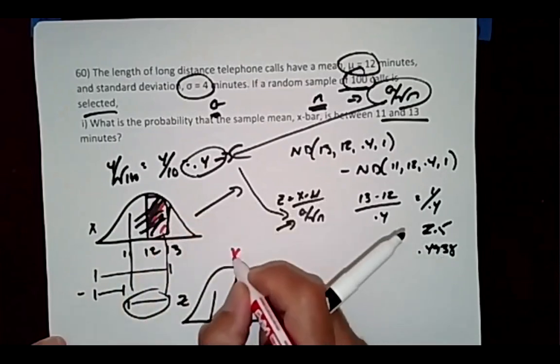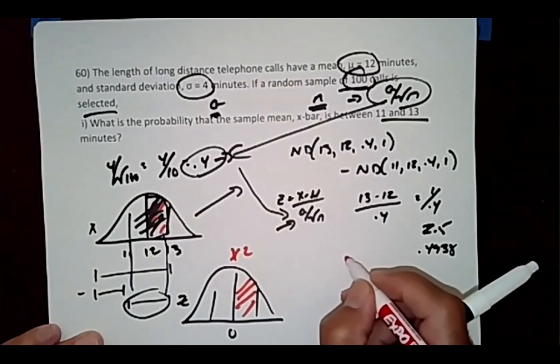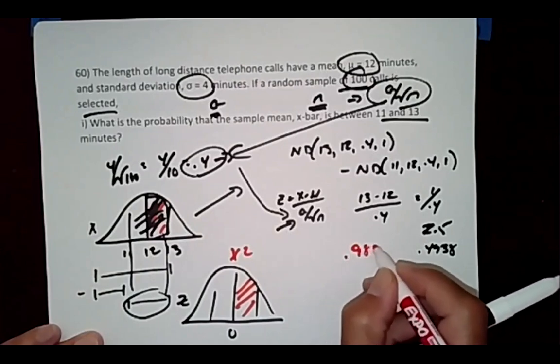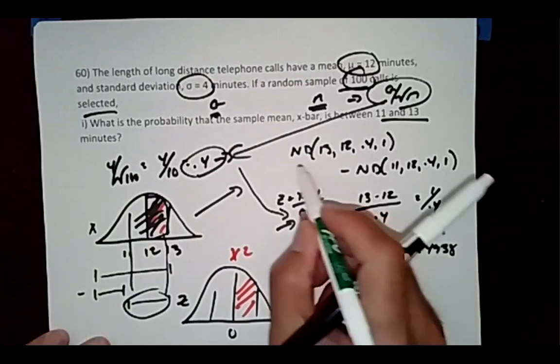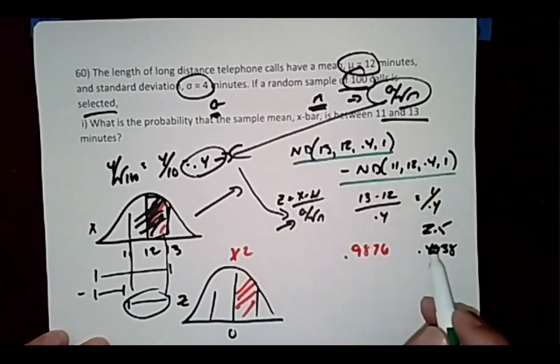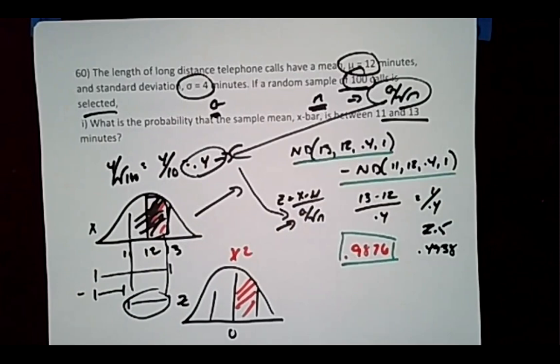So we can take that, multiply it by 2, and we get an answer of 0.9876. So this here, underlined in green, is the Excel answer. This answer here is the actual answer.